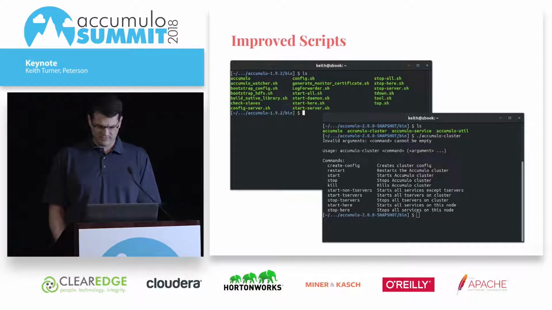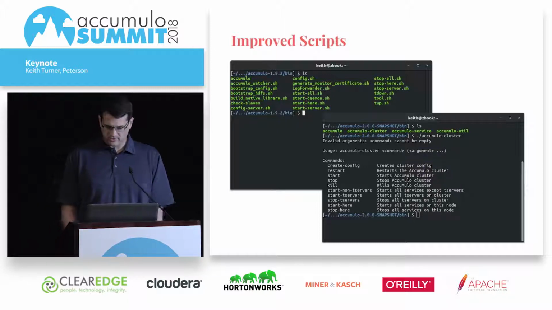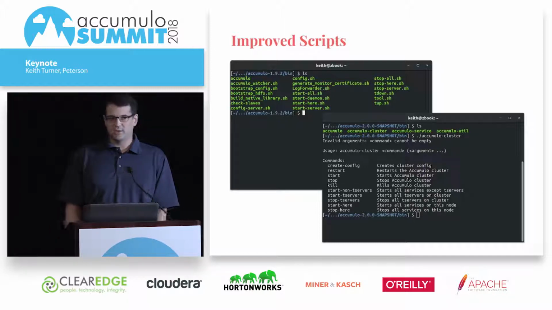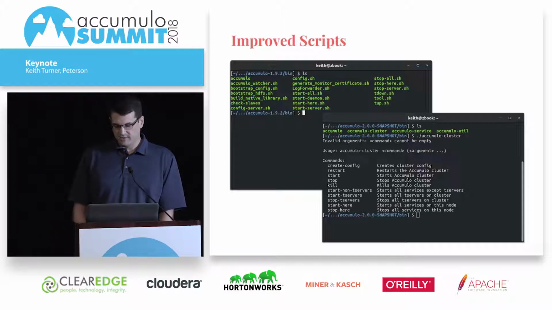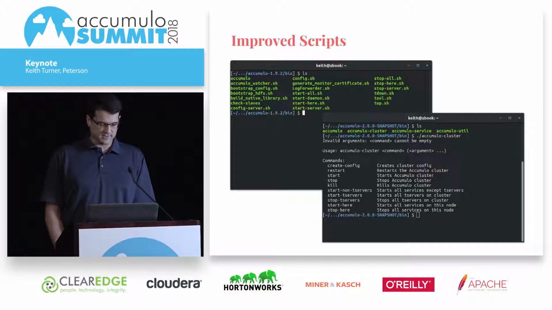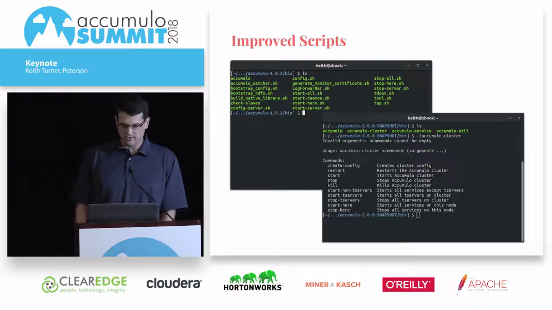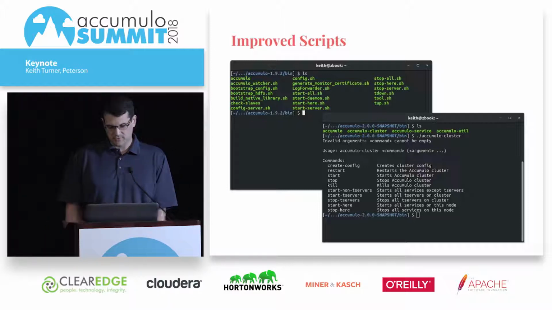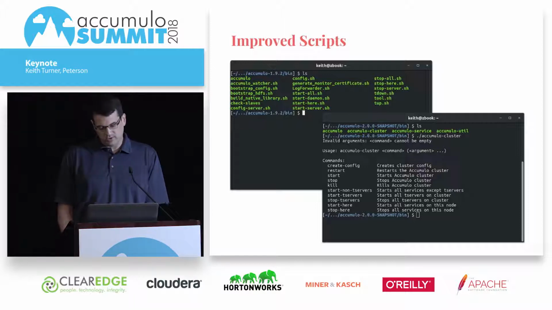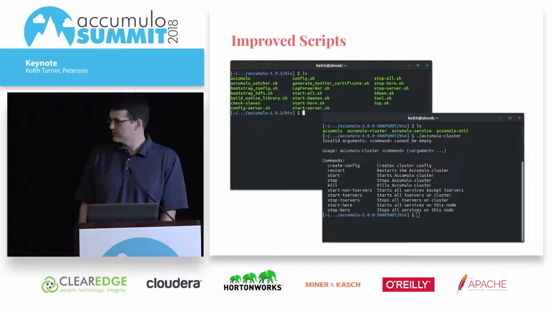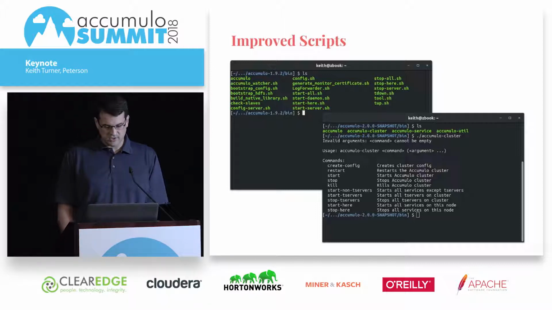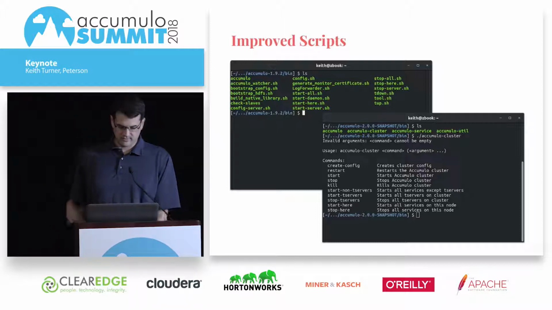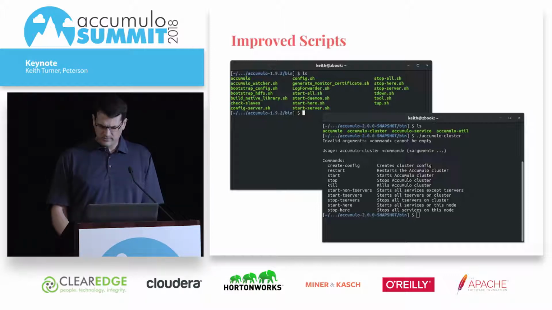You have these four scripts, and each one has a lot of subcommands. In the example, you can see that I did ls, and there's an accumulo cluster, accumulo service, accumulo util script. And then I just ran the accumulo cluster script, and you can see that it has all of these subcommands. Like you could run accumulo cluster restart, and that'll restart the cluster.